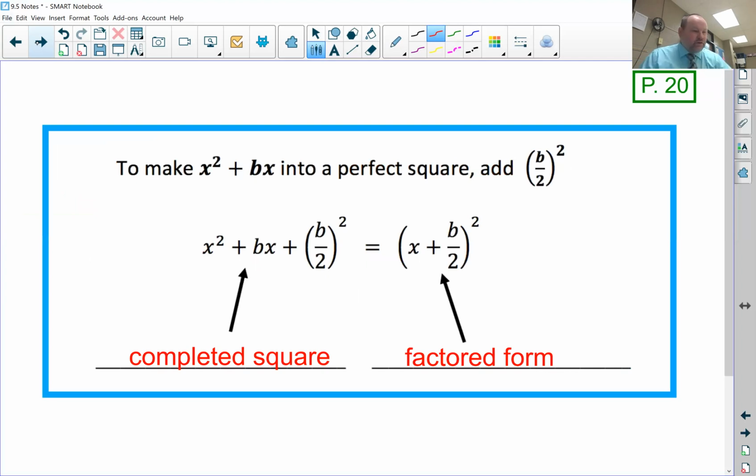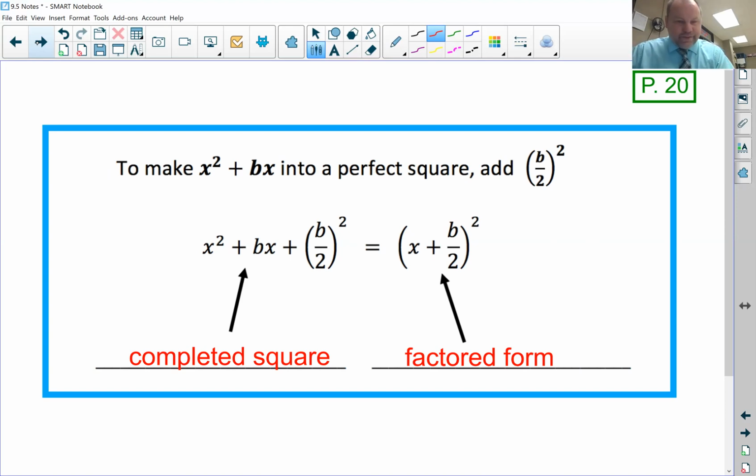All right, so on page 20 in your packet, to make x squared plus bx into a perfect square, we add b divided by 2, that whole quantity squared.